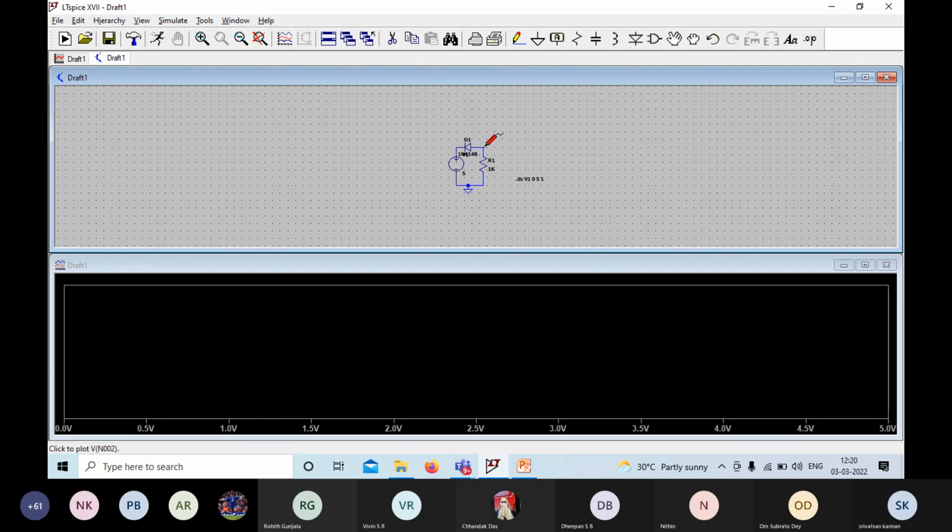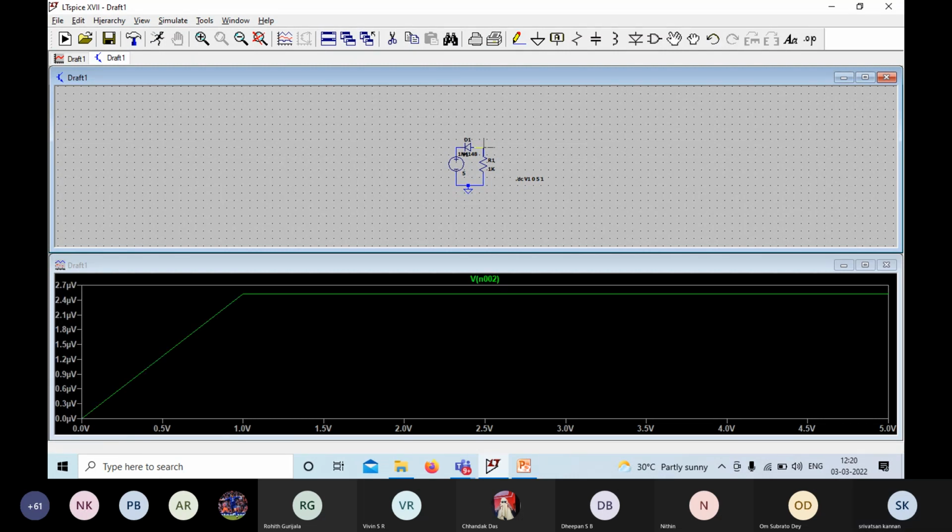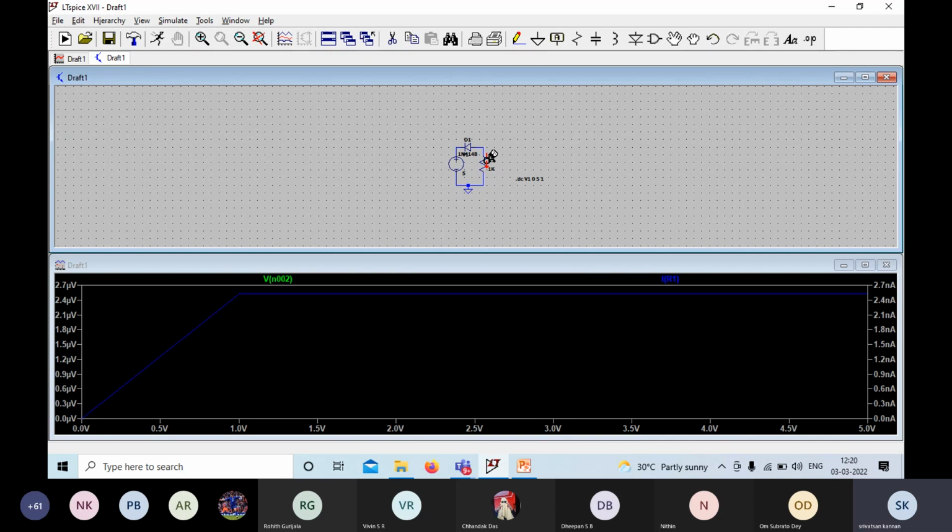Okay. So this is the voltage characteristics of the diode, and this is the current characteristics, right? Same graph is coming, sir. Okay, yes, sir. Sorry, I didn't select the diode. So it's approximately the same as your theoretical curve.